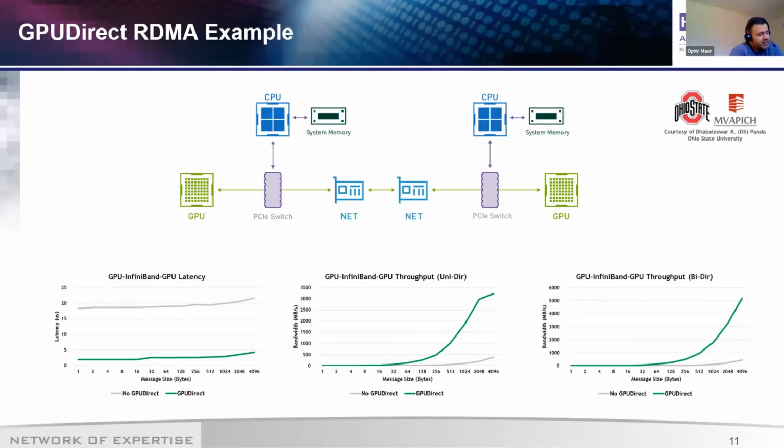That's RDMA: from the GPU memory to GPU memory, just via the PCI switch. No need to go via the system memory to do a copy of the system memory and then send it.